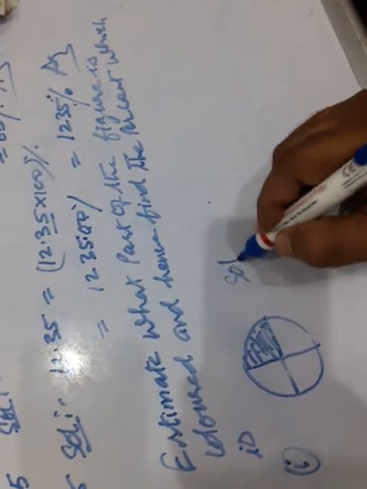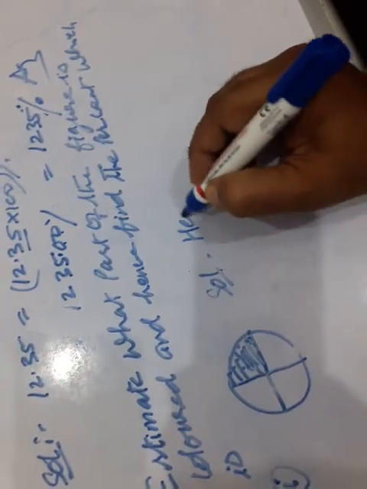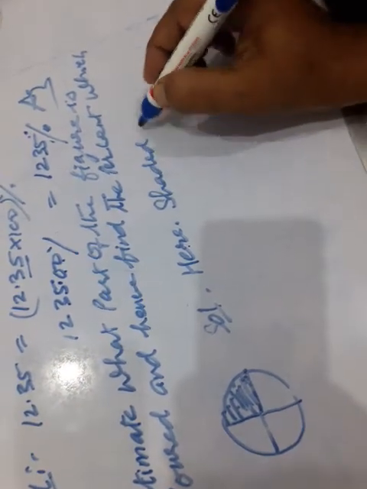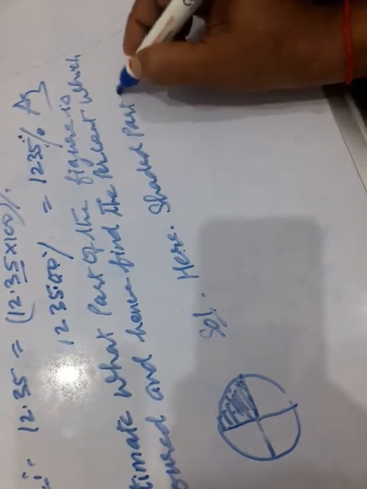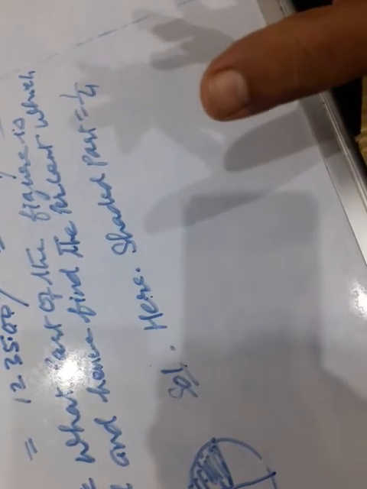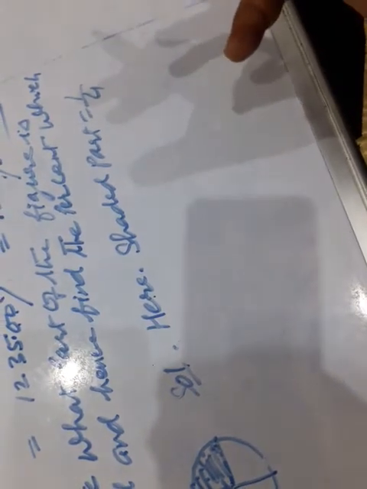Start the solution. Shaded part is equal to 1 upon 4. Now this 1 upon 4 is colored, and hence we find the percent which is colored.